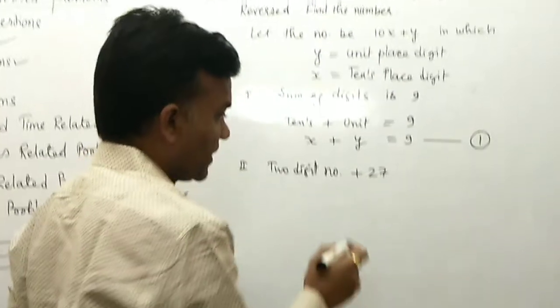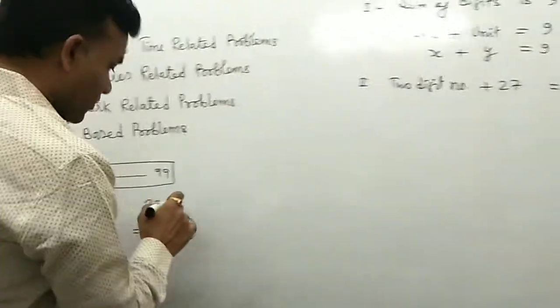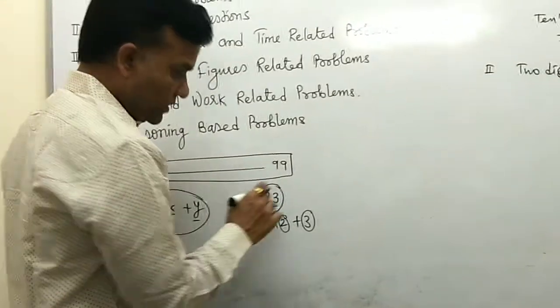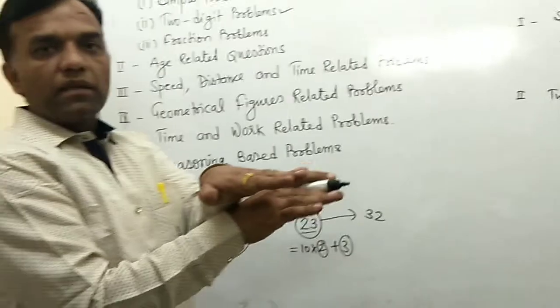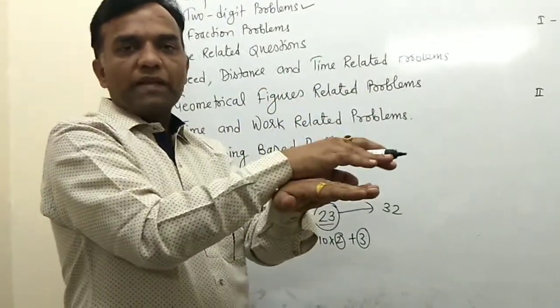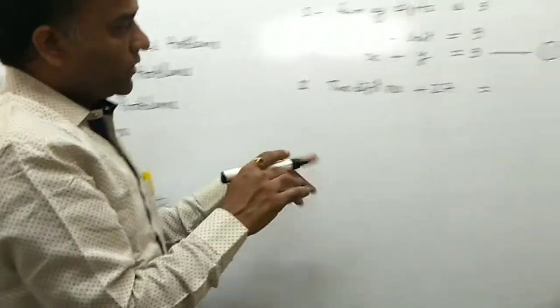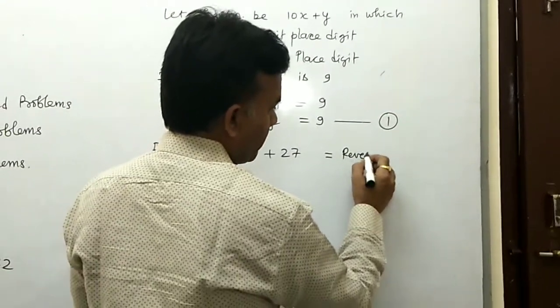Numbers are reversed, like suppose here we discuss 23. Okay, so 23 reversed is 32, because the digits are changed. The unit place moves to the tens place and the tens place moves to the unit place. So now the reversed 2-digit number.